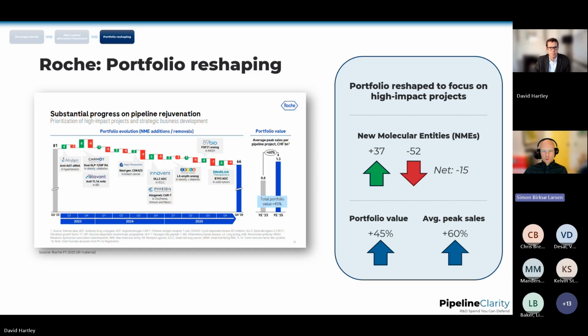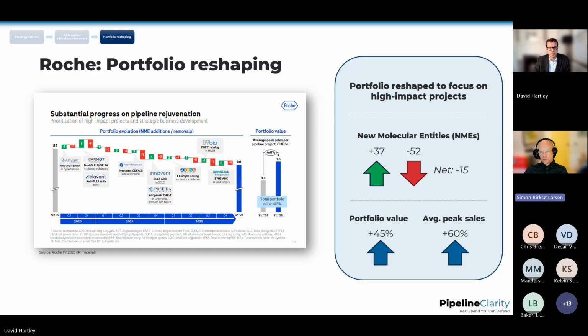So you can see how molecules are entering, that's the green bars here in the bridge, and then the red ones are molecules leaving. And you can see that it's actually moving across a few years here from more than 80 assets to 66. So that's the focus part of the reshaping.